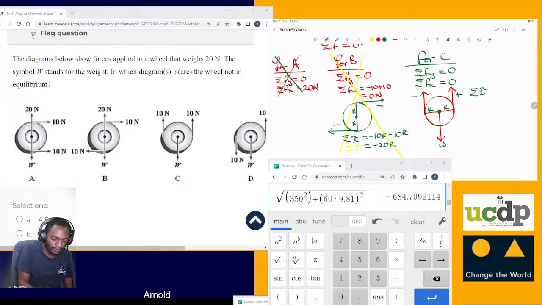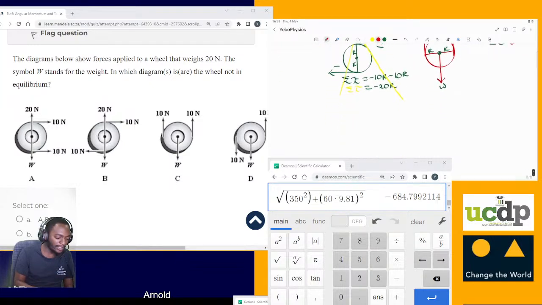Summation of negative 10r plus 10r, which is equals to a 0. So this satisfies both conditions. Satisfied, that is satisfied. So C is in equilibrium. Okay, but this one is asking for which one is not in equilibrium.